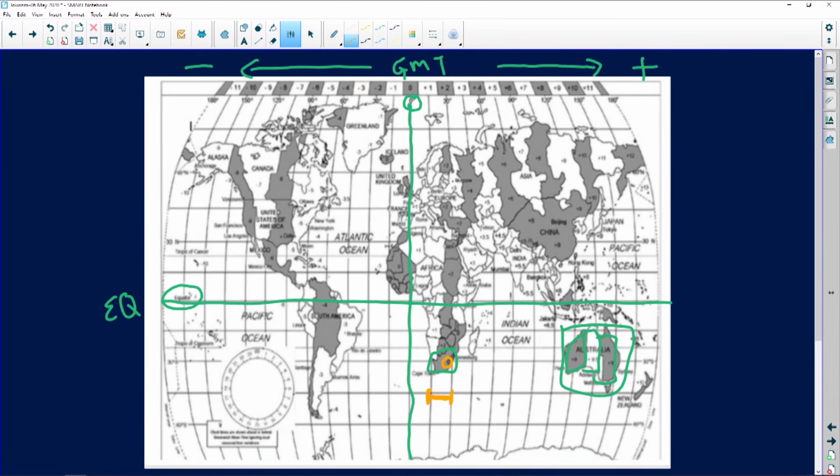So if we go all the way up, you see over there South Africa, and you can say South Africa is GMT plus 2. In other words, we are 2 time zones, plus means east, from the GMT. All right, guys, so basically that is how we identify time zones on a time zone map.